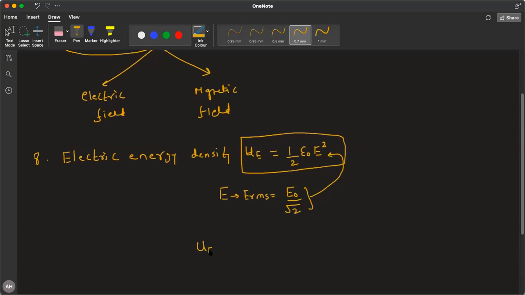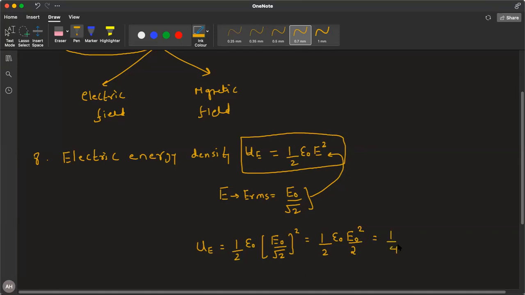Your UE comes out to be half into epsilon naught into E naught over root 2 whole square, which is half epsilon naught E naught square by 2, so that is 1 by 4 epsilon naught E naught square.